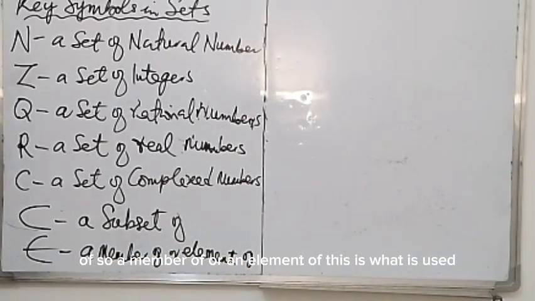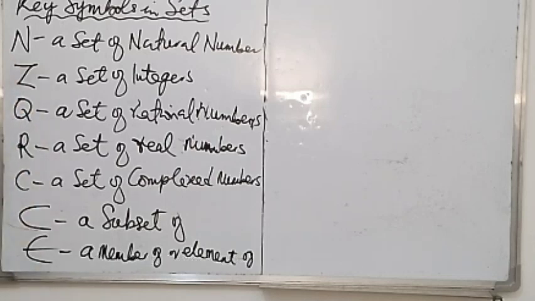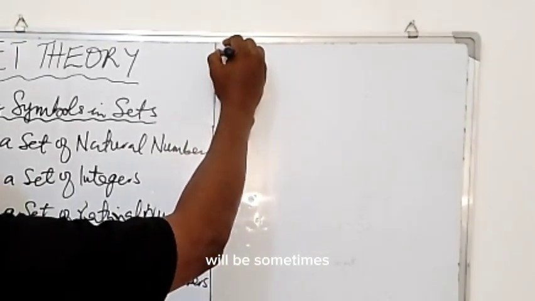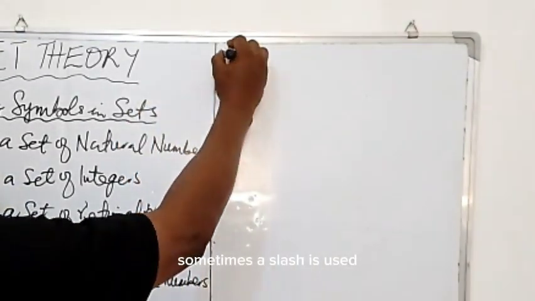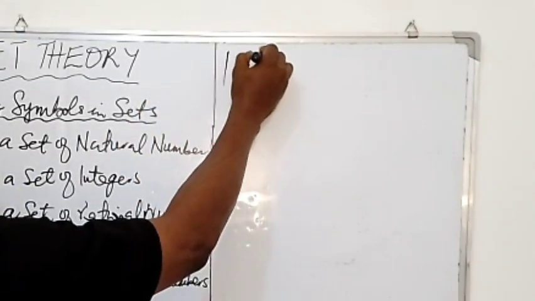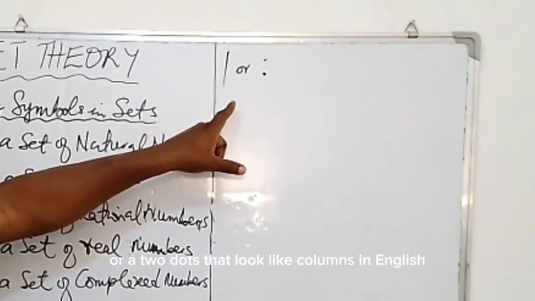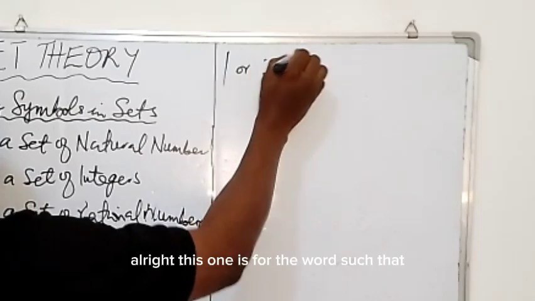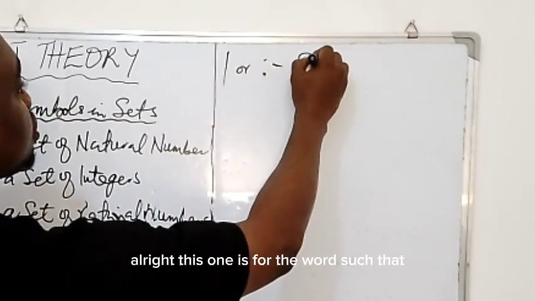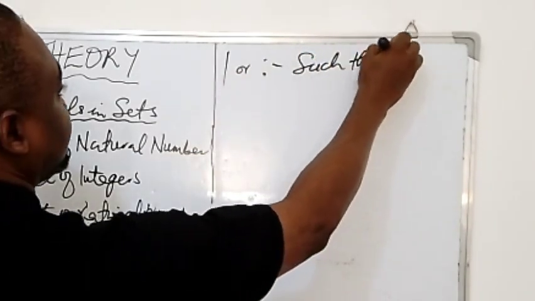This is what is used. Now, for the last symbol I want us to take note of today, sometimes a slash is used, or two dots that look like a colon in English. All right. This one is for the words such that.